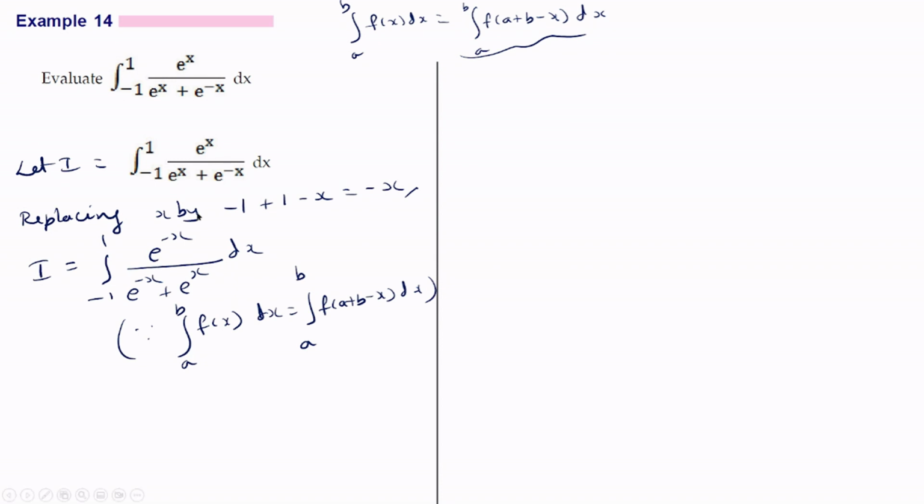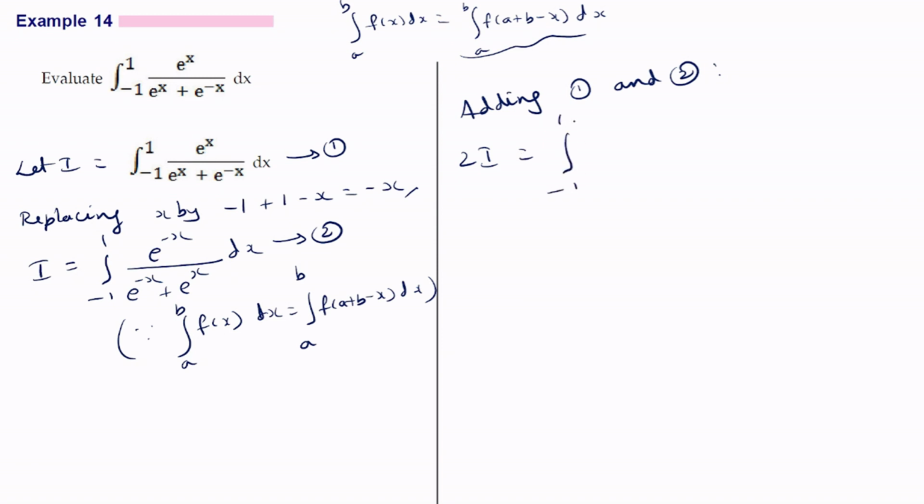So here we can add 1 and 2. When we add 1 and 2, the left hand side will be I plus I, which is 2I. So 2I will be integral -1 to 1. The denominator is the same, that is e raised to x plus e raised to minus x, so we can add the numerators.